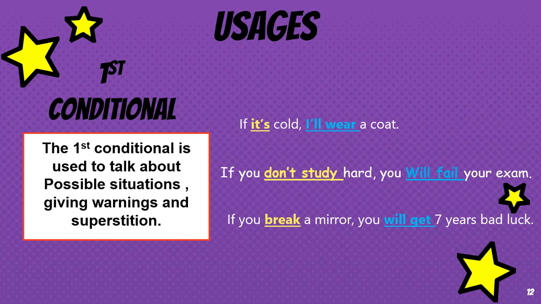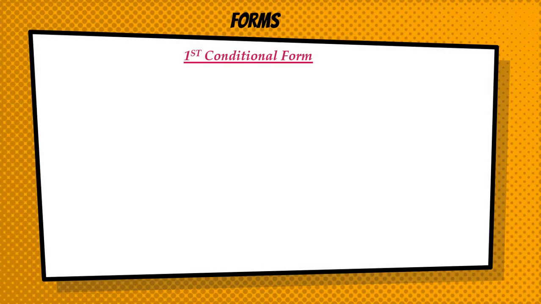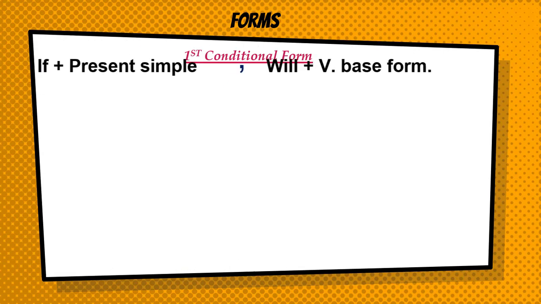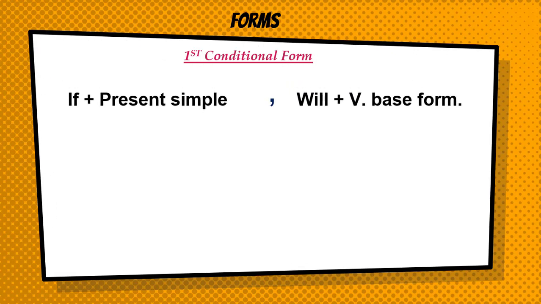So we can define the word superstition as ideas people are convinced with, but they are not real or true. What about the form? As the zero conditional, we have if clause and the main clause. But actually here, the main clause has a different verb tense.